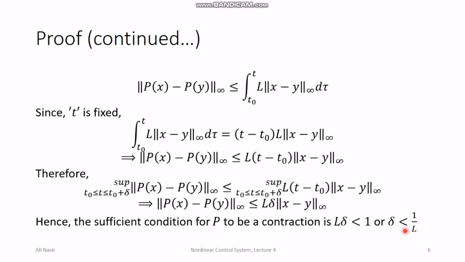That does not only prove the theorem: we prove the existence of the solution by proving that p is a contraction under a certain condition. But this condition for p to be a contraction also tells us for how long the solution might exist.